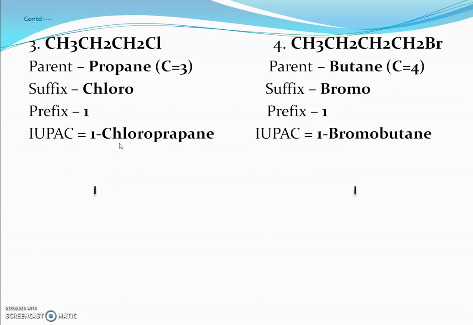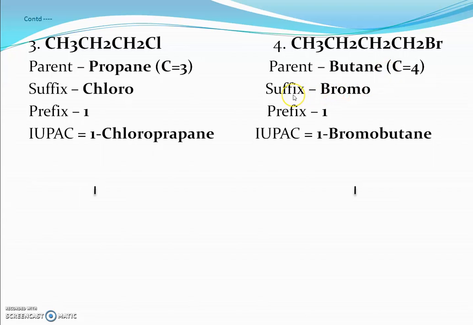The next example is n-bromobutane. In this example, you can see there are 4 carbon atoms in this chain, so definitely the parent is butane.